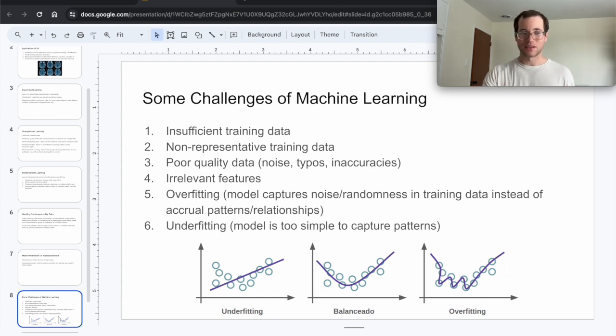Another thing that happens is overfitting of a model. The issue in this case is where your underlying data will have some relationship to it.